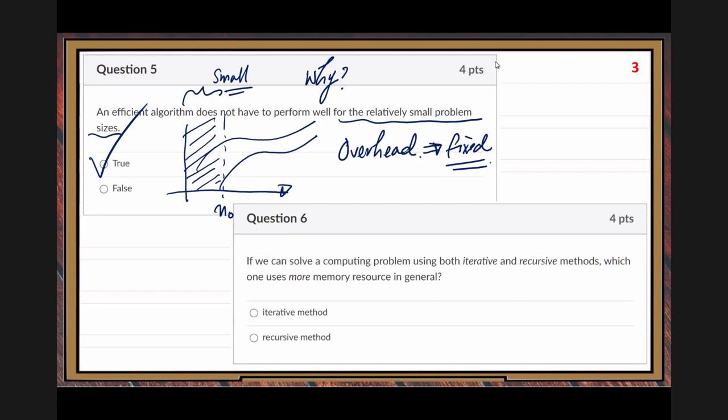If we can solve a computing problem with both iterative and recursive, which one uses more resources? Recursive. Remember that stack. I remember how to implement recursive algorithm in computer main memory. We use the stack data structure, right? So we push unknown function calls into the stack, and the stack could be very deep.